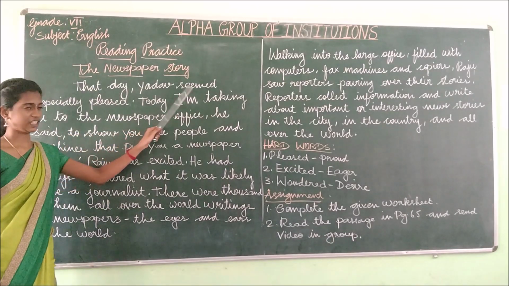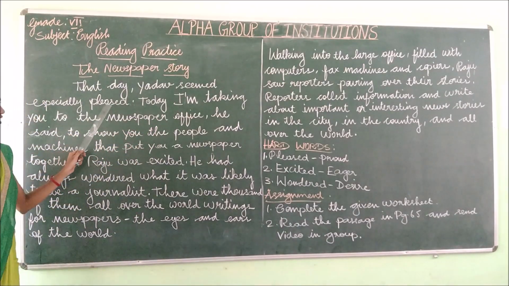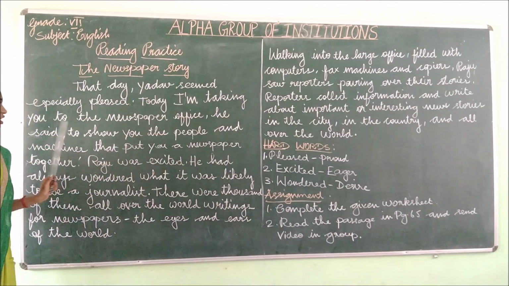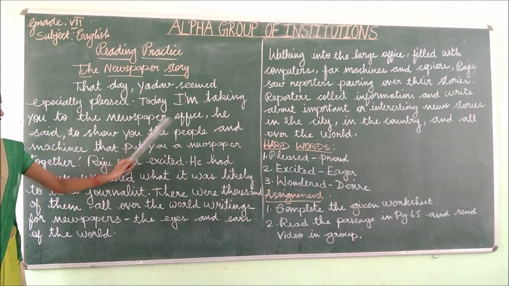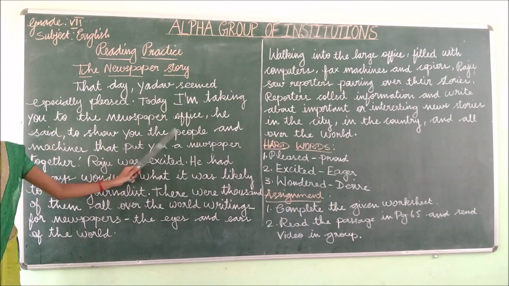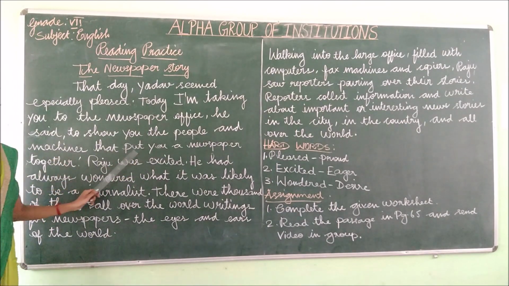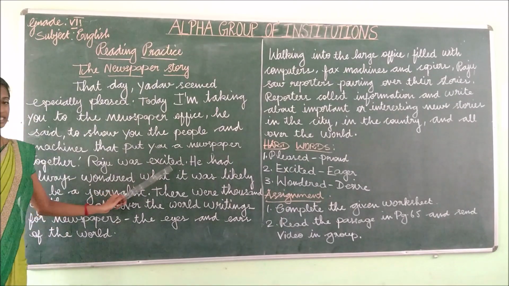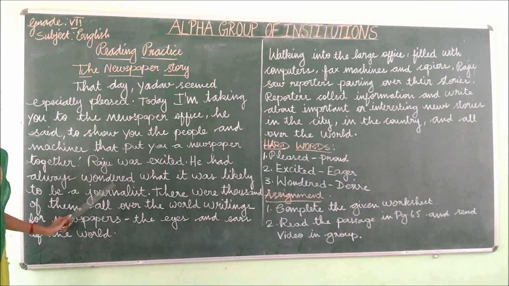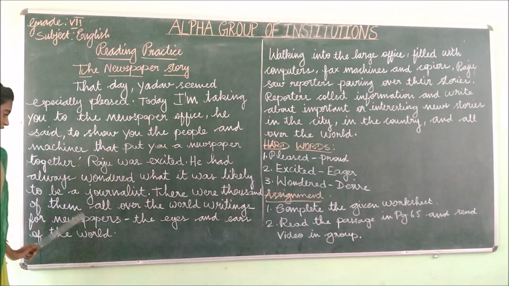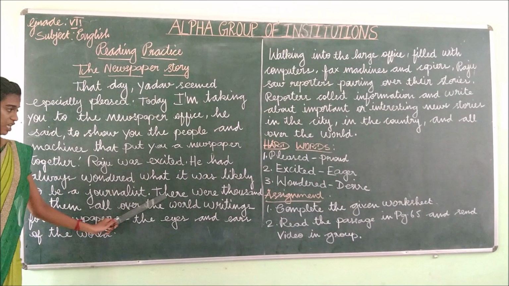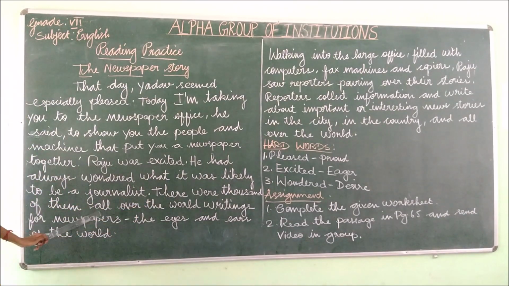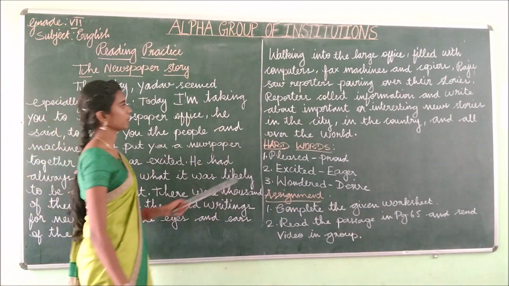That day, Yadav seemed especially pleased. Today, I am taking you to the newspaper office, he said, to show you the people and machines that put you a newspaper together. Raju was excited. He had always wondered what it was like to be a journalist. There were thousands of them all over the world, writing for newspapers, the eyes and ears of the world.